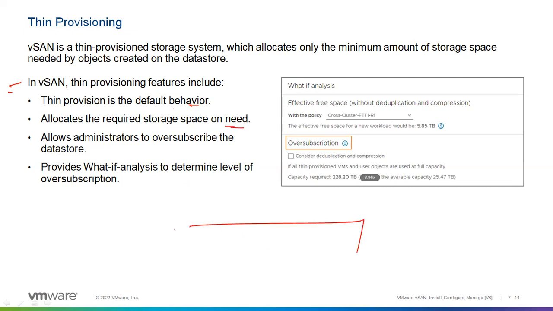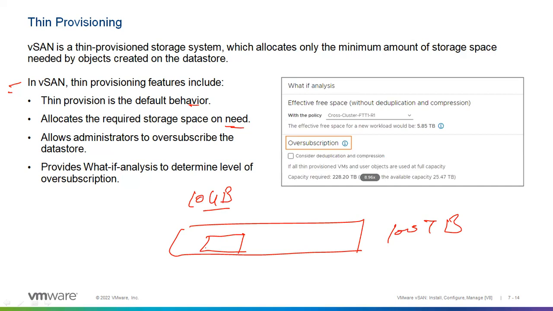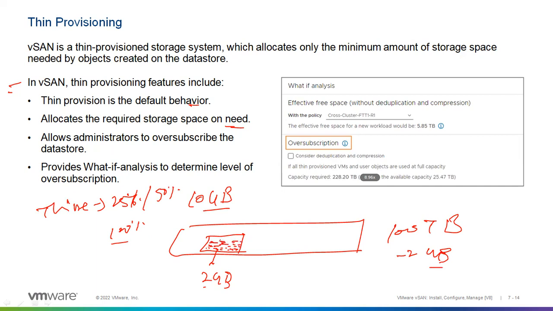It means that if my vSAN datastore is, for example, 100 TB, and out of it I have created a 10 GB object, then out of this 10 GB, only the actual data written will be considered consumed. If only 2 GB is filled, then only 2 GB is deducted. But if during my storage policy I make it thick up to 25%, 50%, or 100%: if I say 100%, it will be considered consumed space, so minus 10 immediately.